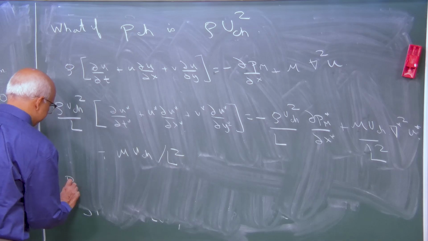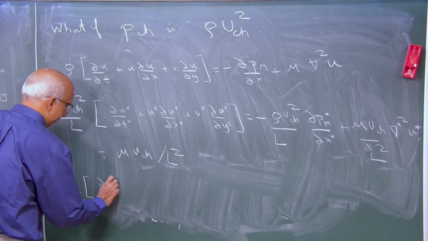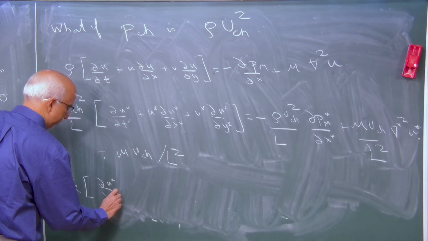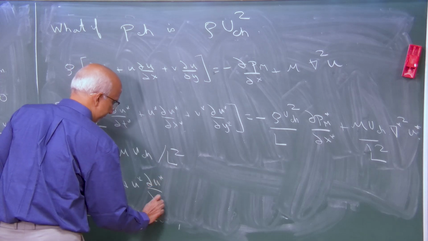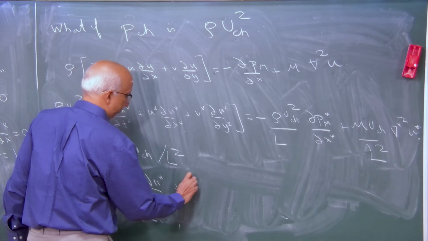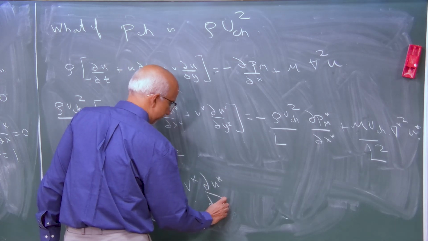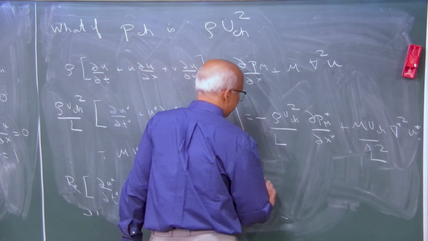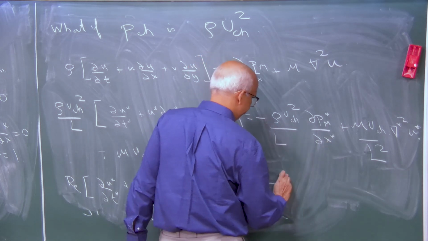And what do I get at the end of the day? I will get a Reynolds number multiplied by du star by dt star plus u star du star by dx star plus v star du star by dy star equals, again I will get Reynolds number here.